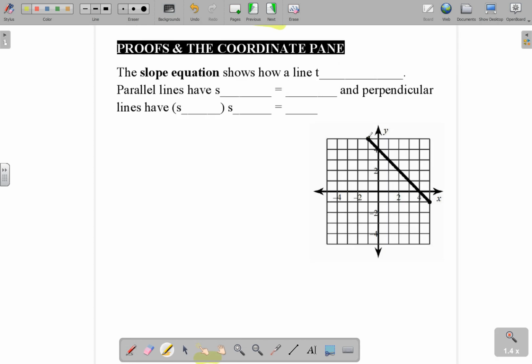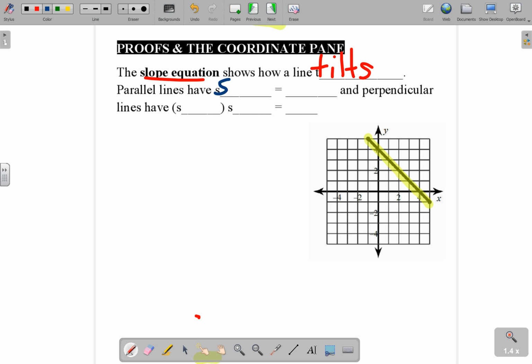So right here, I'd like you to just trace this line. If I wanted to find how that line tilts, I'm going to use the slope equation. There's two things that are related with tilt.